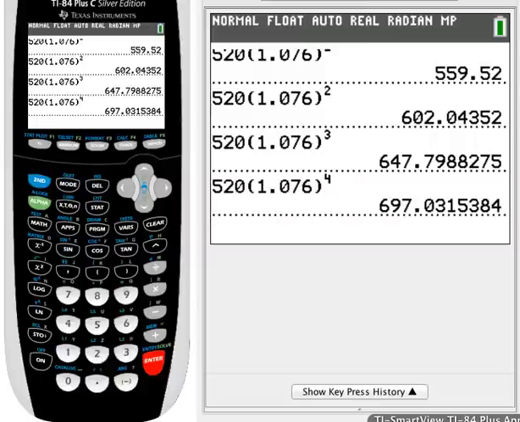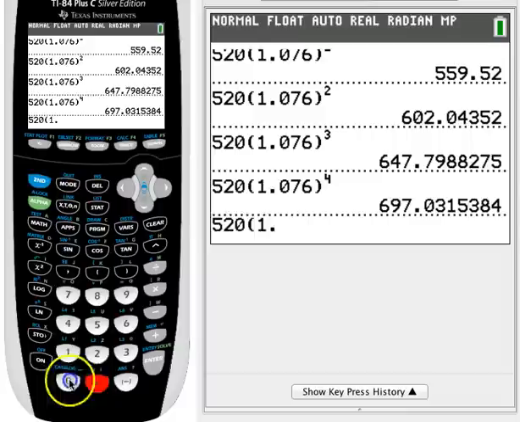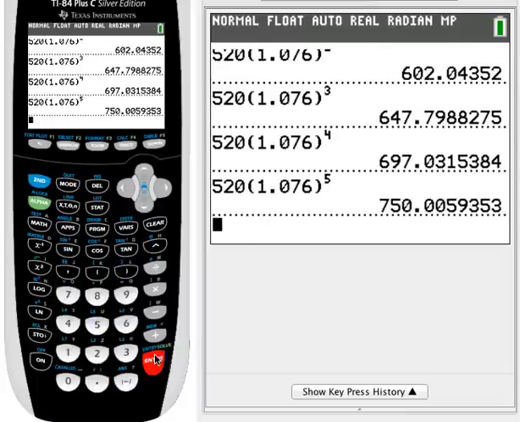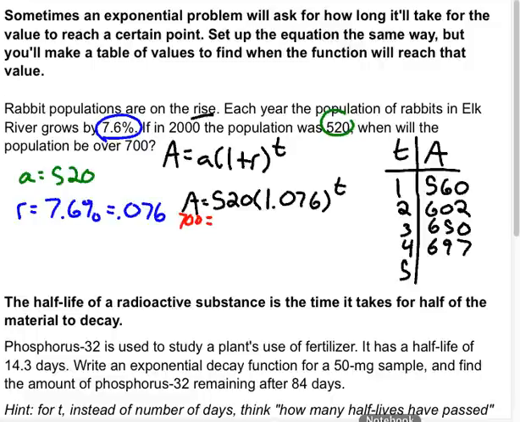All right, but again, let's just make sure. 1.076 to the 5th, 750. So that's the first time that it hit over 700.